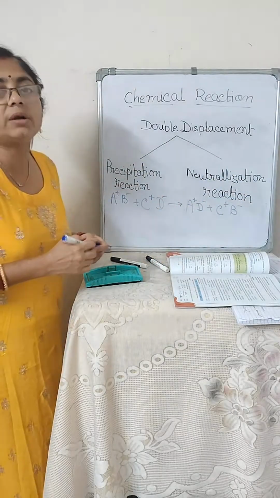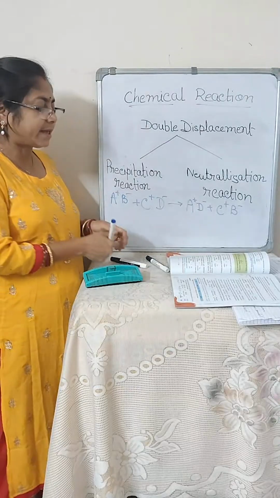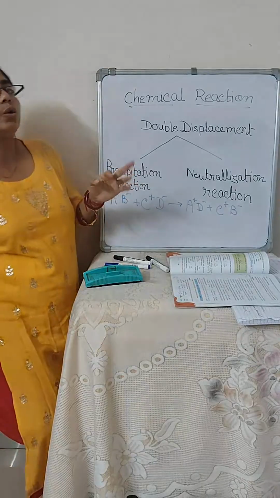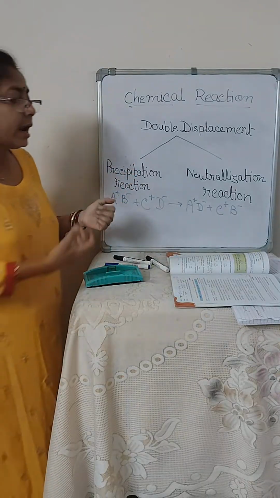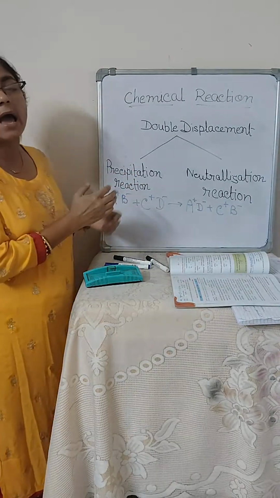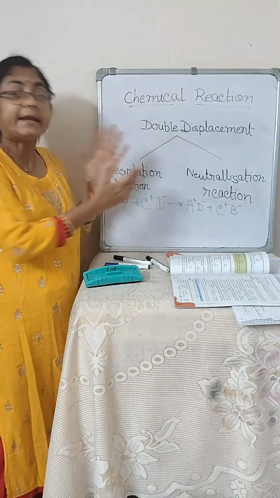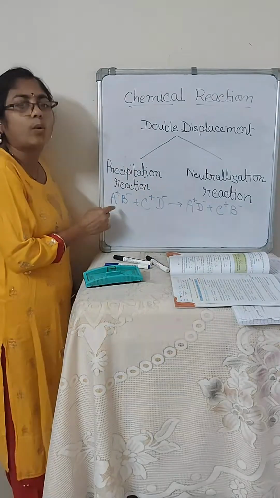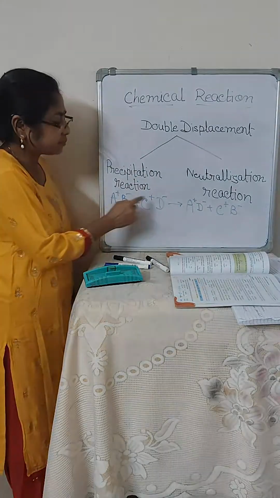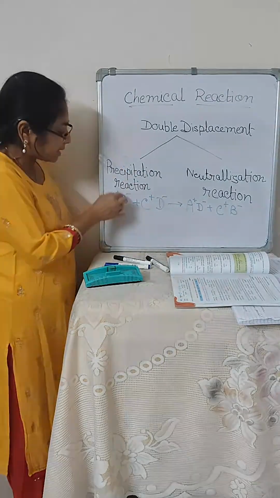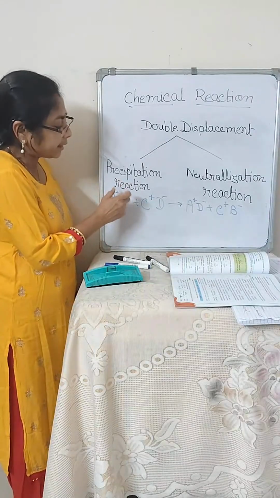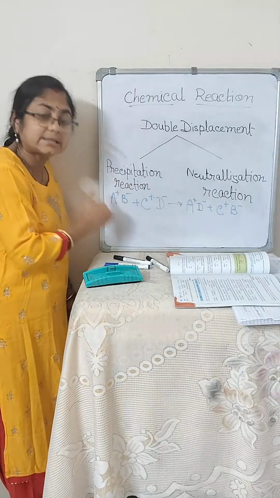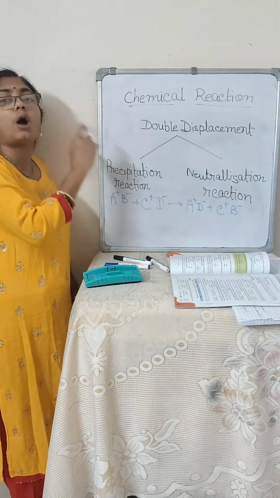In double displacement, there are two metal parts and two radical or non-metal parts. In that case, the compounds break down and interchange. One positive charge, one negative charge. A positive takes the D part, so it breaks down and interchanges itself. So it is called double displacement.